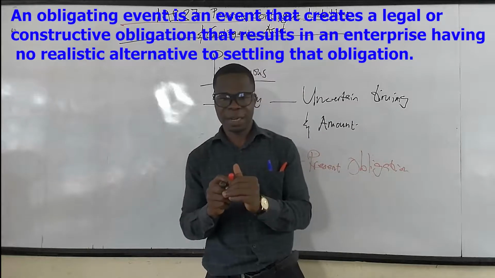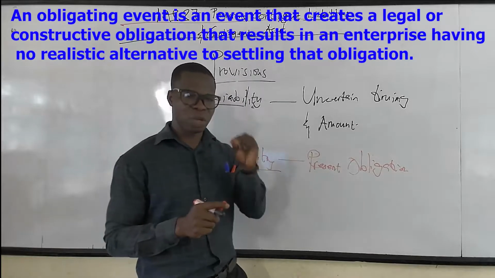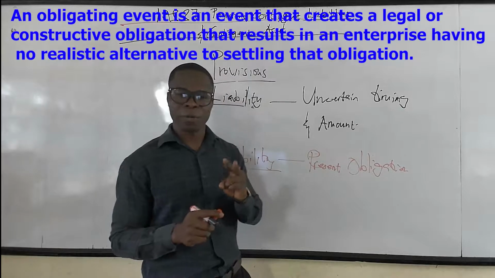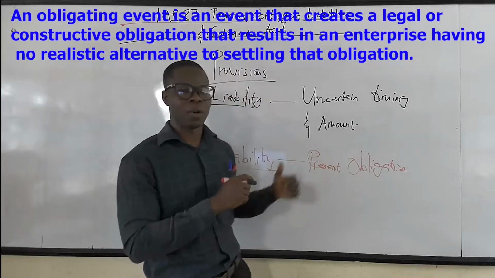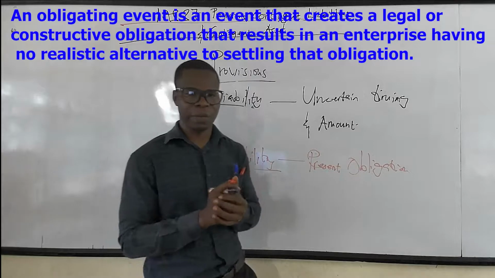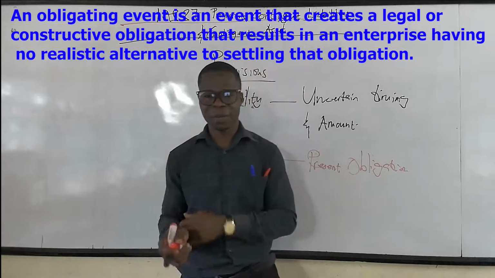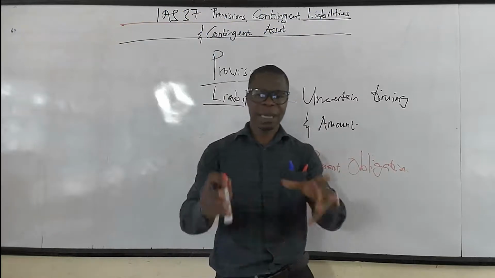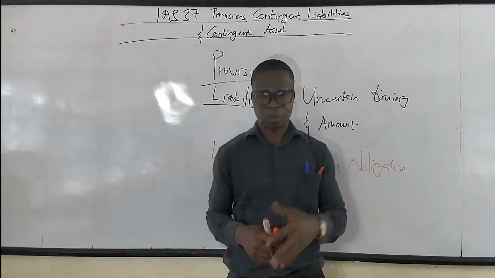What it means is that once this obligation is placed on you as an entity, you don't have an alternative of not discharging or terminating that obligation. You don't have any realistic alternative to that particular obligation. That is why we say it is a legal or constructive obligation.